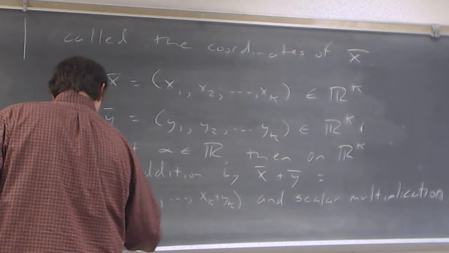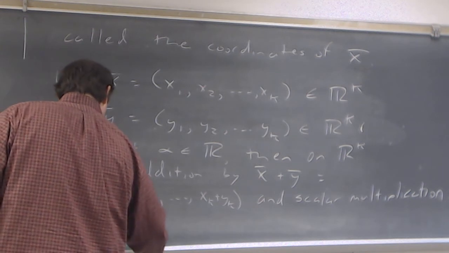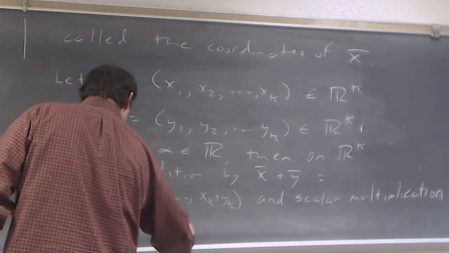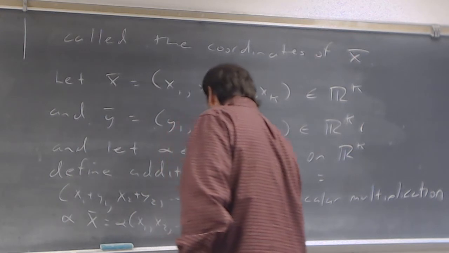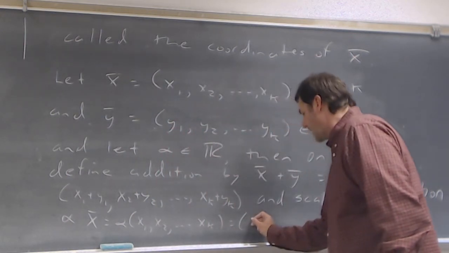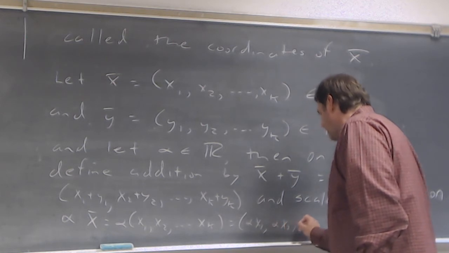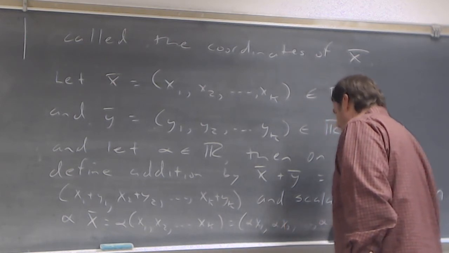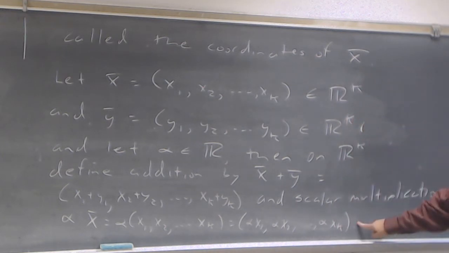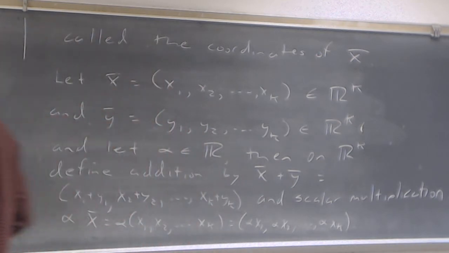That's going to be equal to alpha times x1, x2, all up to xk, that tuple, and it's going to be defined as the k-tuple, which is alpha x1, comma, alpha x2, comma, all the way up to alpha xk. So that's what we're defining, these two operations on R^k. And so let's look at some examples of this.